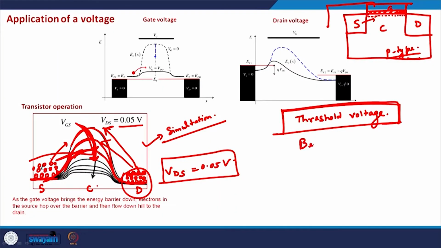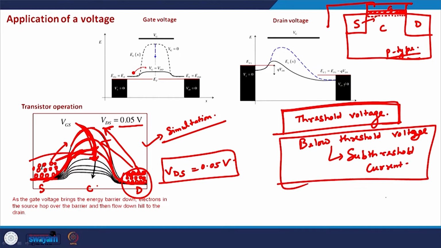So there will be a current, but it will be extremely small, and below the threshold voltage it is known as the sub-threshold current. This regime of operation, when the gate voltage is less than the threshold voltage, is known as the sub-threshold regime.